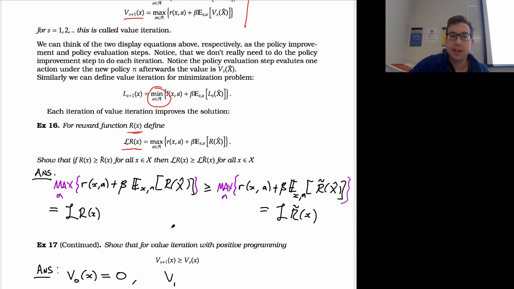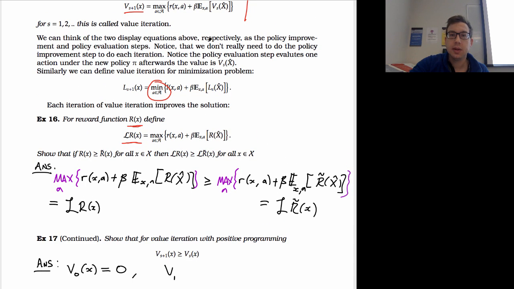And just looking back at our definition here, what is the value of everything at step 1? It's just the maximum of R of x, a over a. Notice that the very first step, which is bigger, V of 0 of x or V of 1?